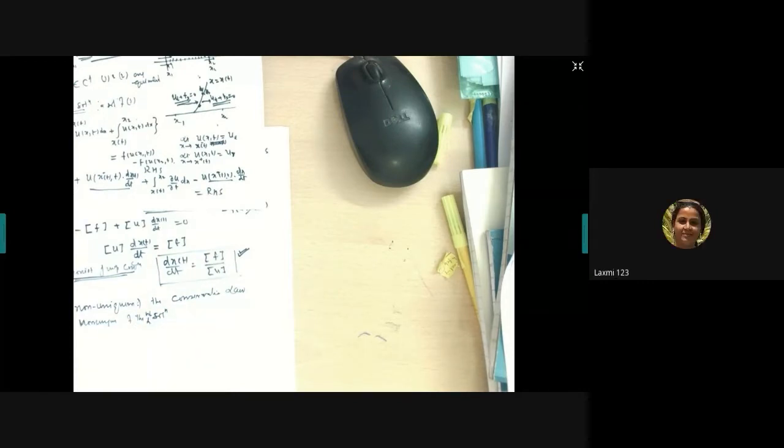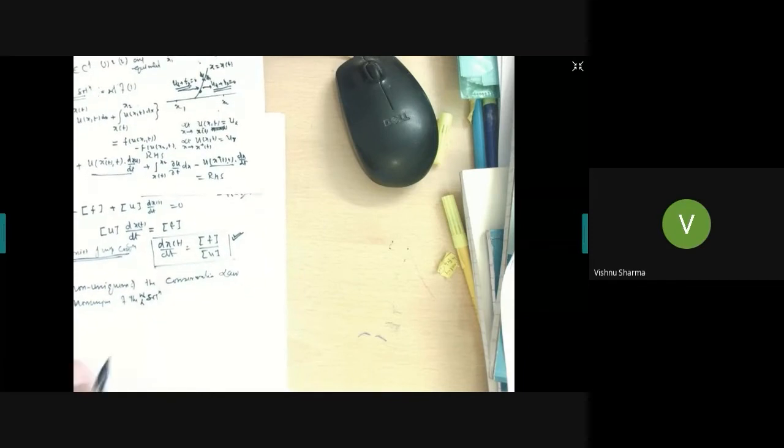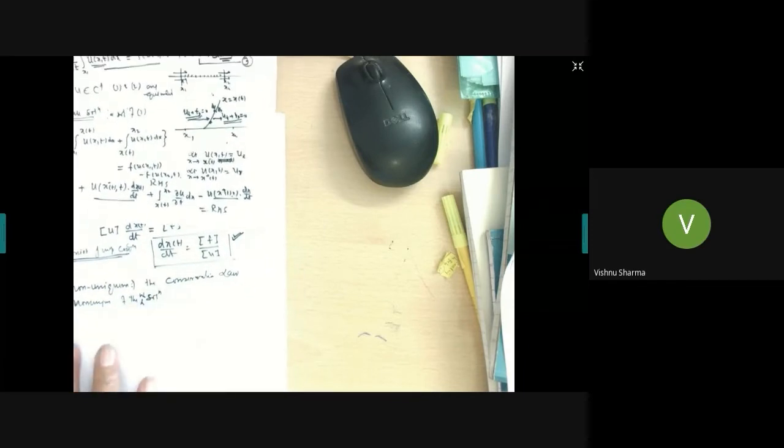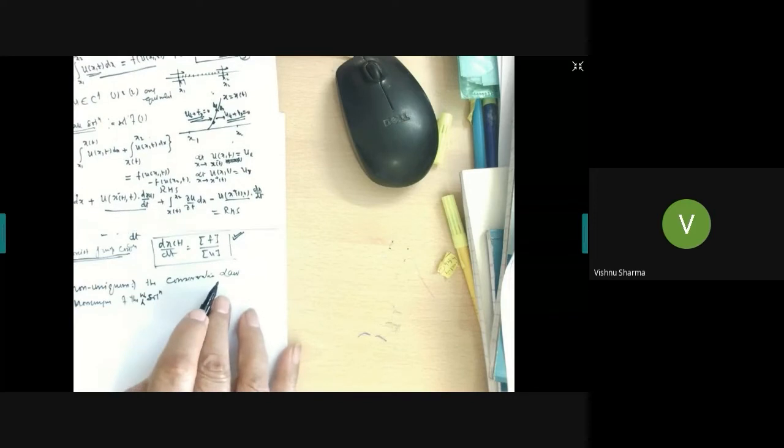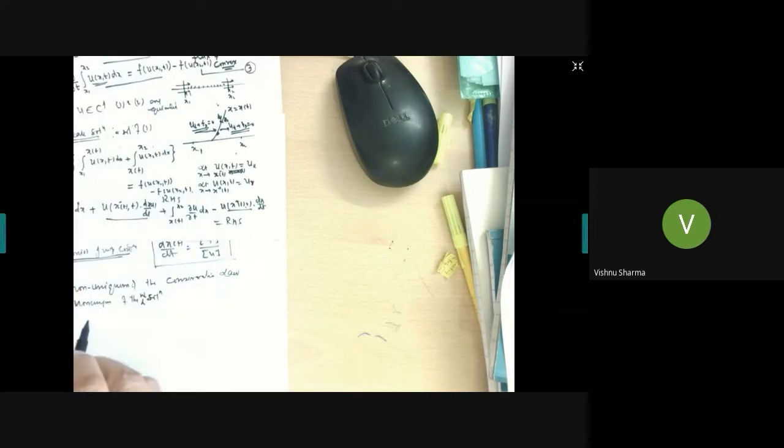So this is the problem at this point of time: what do we mean by non-uniqueness of the conservation law? If I take, for example, u_t plus u u_x equal to 0, one conservation law for this, I can say that u t derivative plus u squared upon 2 x derivative is equal to 0. This is one conservation law.